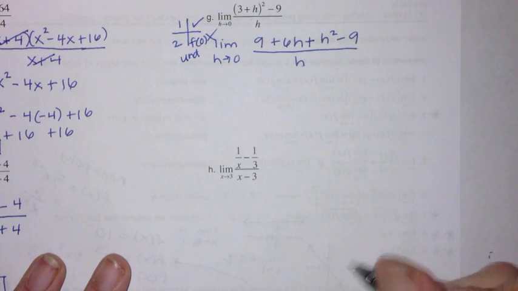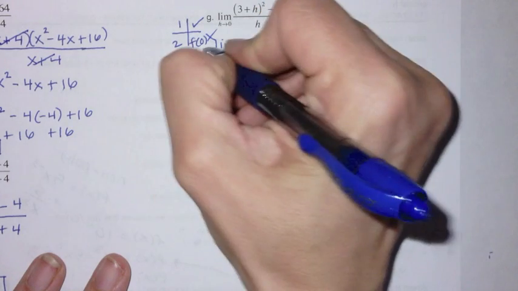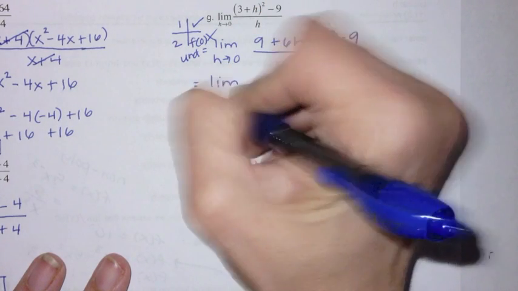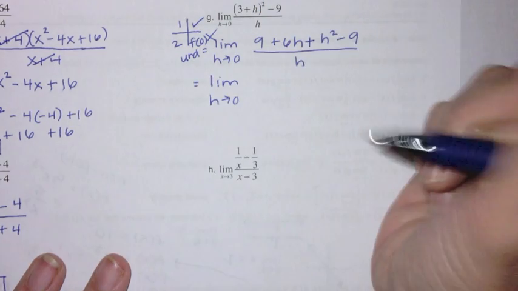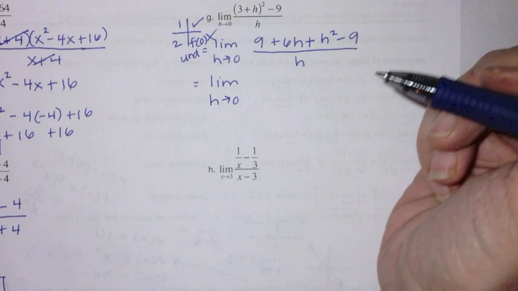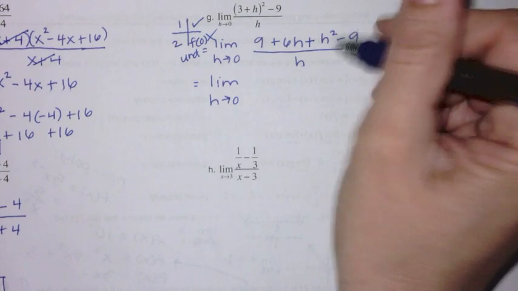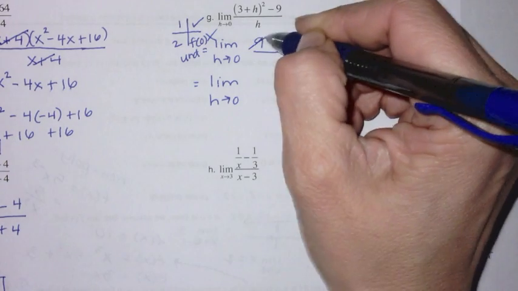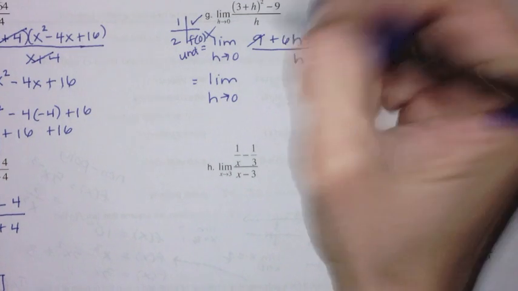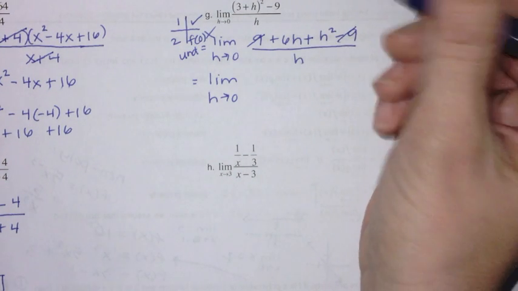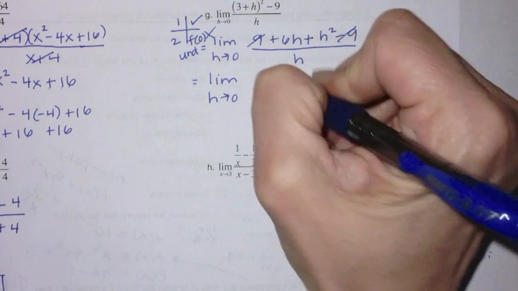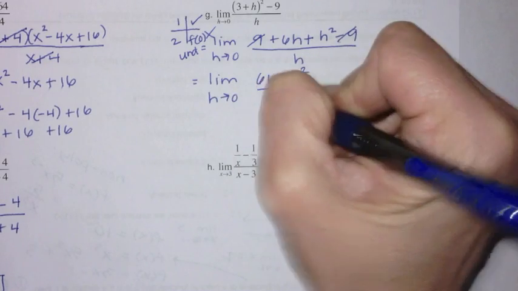We have to figure out how to manipulate it. So a good idea, so the first way is if you can multiply by a conjugate, but we've only really seen that tool when we have had a radical. So what I would do is actually simplify. And if you look, 9 and negative 9. Oh, this is beautiful. So we have 6h plus h squared over h.